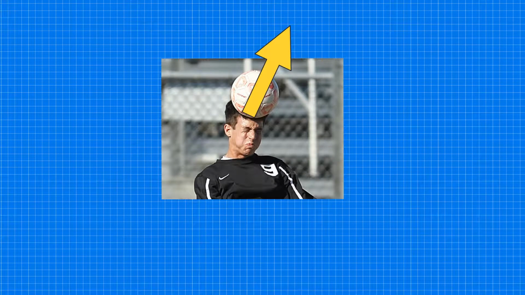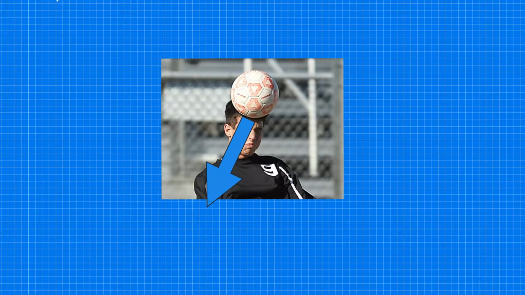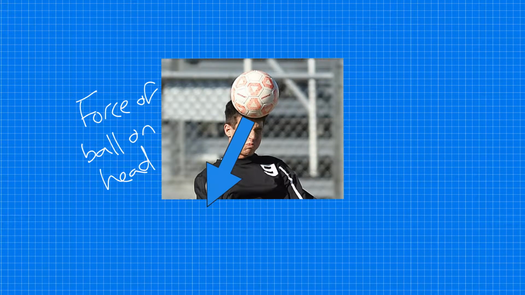And similarly, if we were to look at just the forces on the player, you could see that there's one force exerted on the player and he's going to move away. Obviously he's not going to accelerate away as fast. As we mentioned, F equals ma, force equals mass times acceleration. He's got a much bigger mass than the ball, so with the same force he's not going to move as fast.